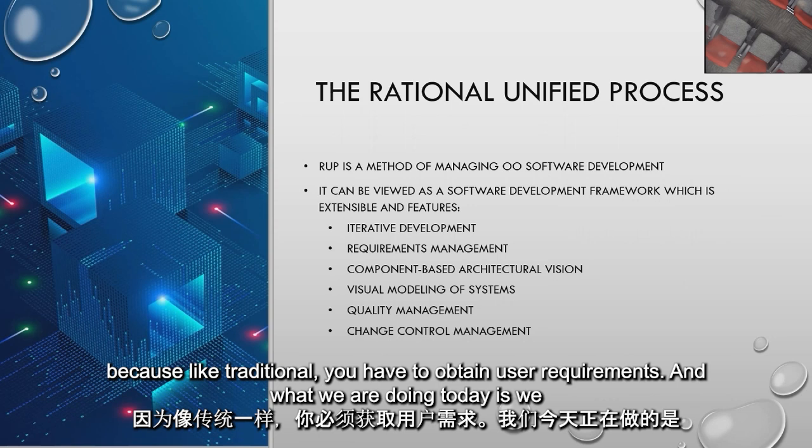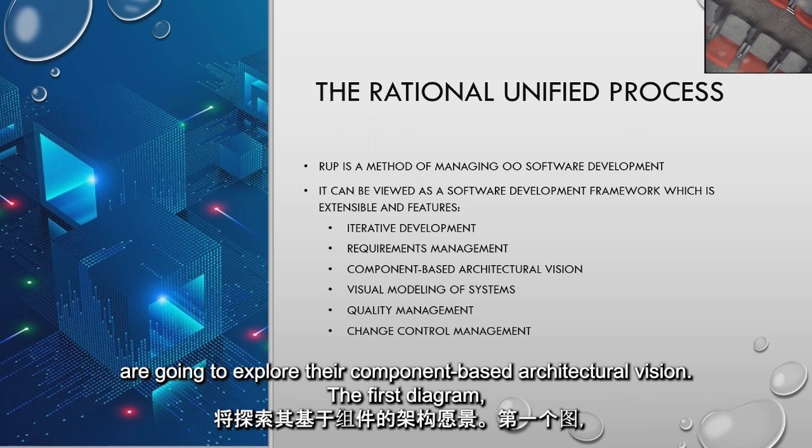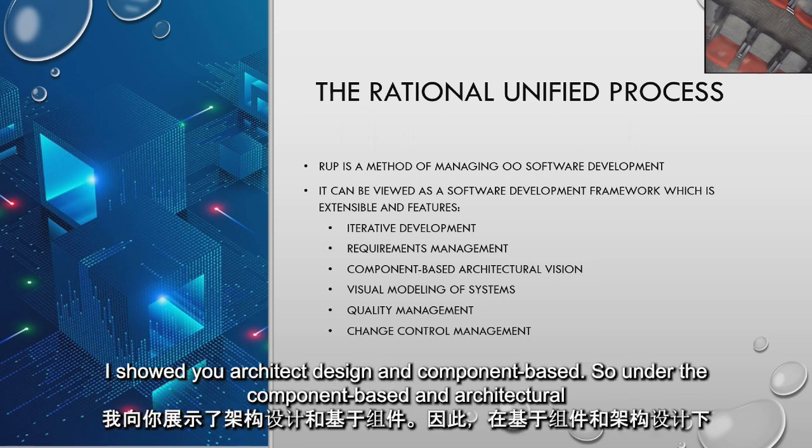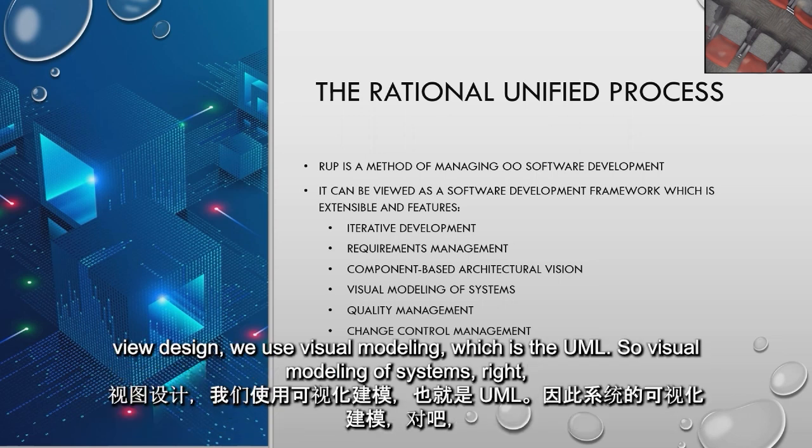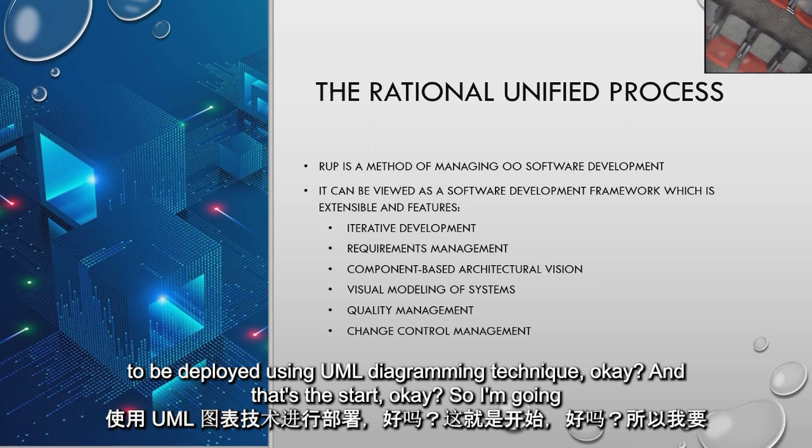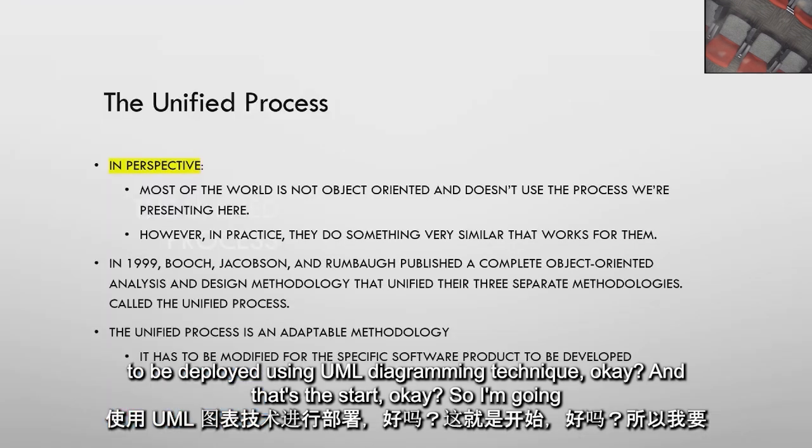And what we are doing today is we are going to explore their component-based architectural vision. The first diagram I showed you was architect design and component-based. So under the component-based and architectural view design, we use visual modeling, which is the UML. So visual modeling of systems, to be deployed using the UML diagramming technique. Okay, and that's the start.